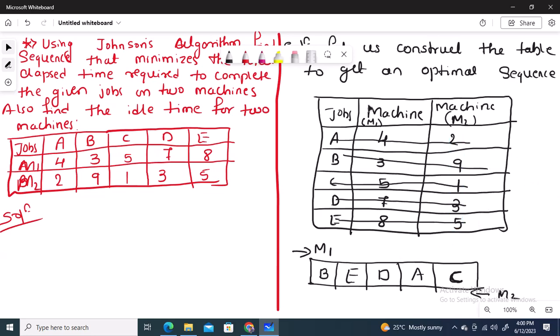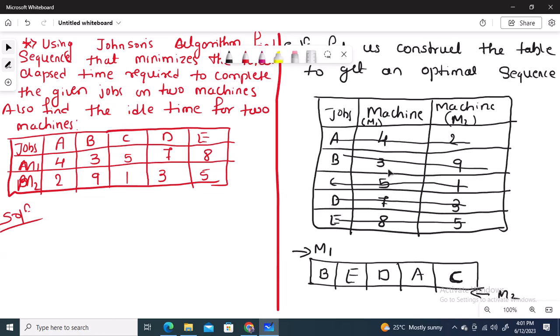There are some assumptions for the Johnson algorithm, very simple ones. What are they? First, no machine can process more than one operation at a time. This is very important. Remember, no machine can process more than one job at a time.